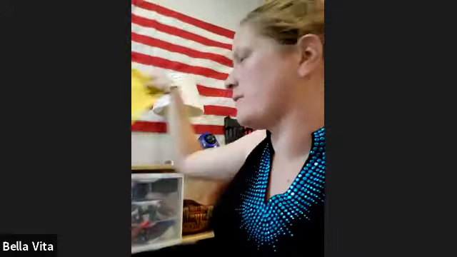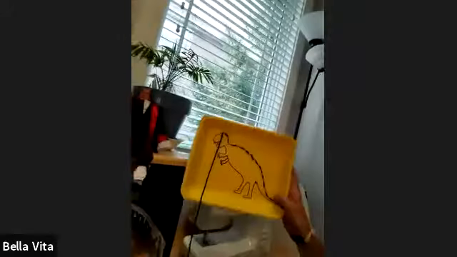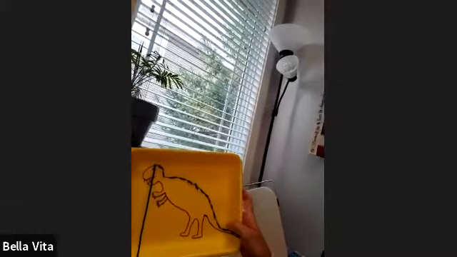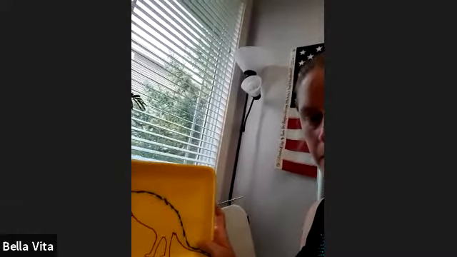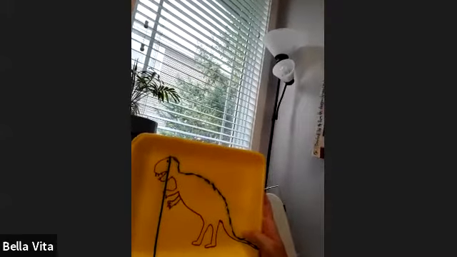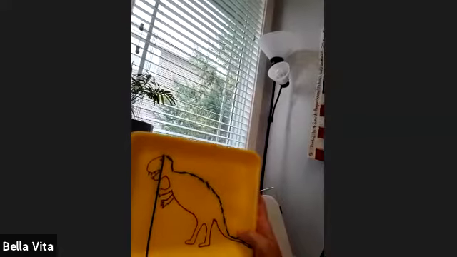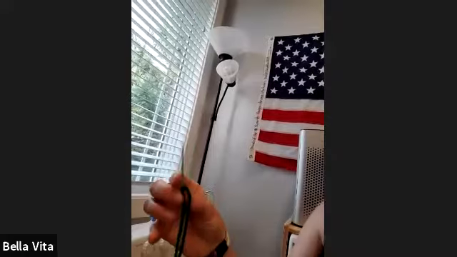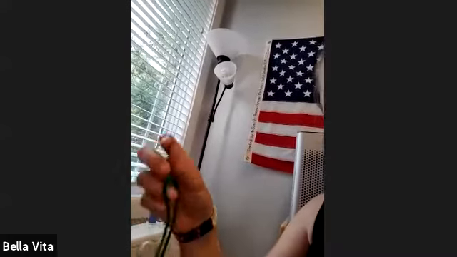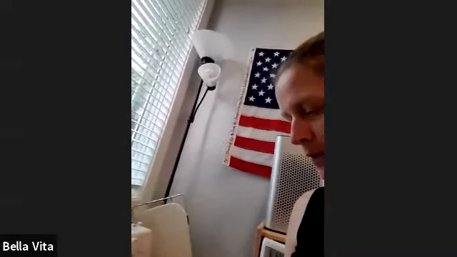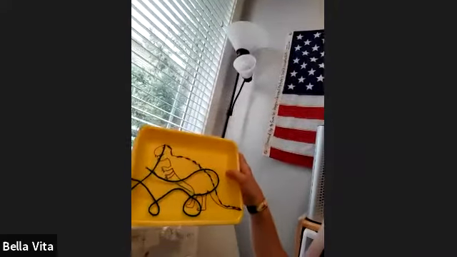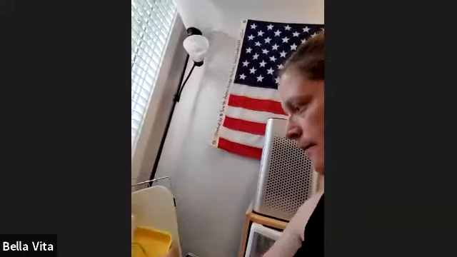Actually, one of them is right here, where we would draw a picture on a styrofoam tray, and they're working on their fine motor skills, so that way they can work on going up and down, and they can work on using this beautiful needle that can be very tricky. So we start out with a plastic one and move to the metal one. That way they're being safe. And then they also get a beautiful creation that they can take home.